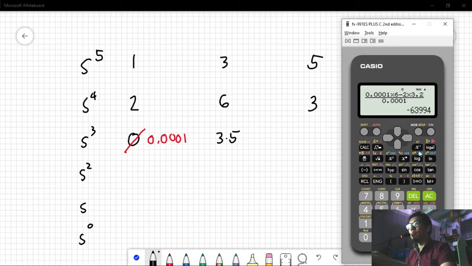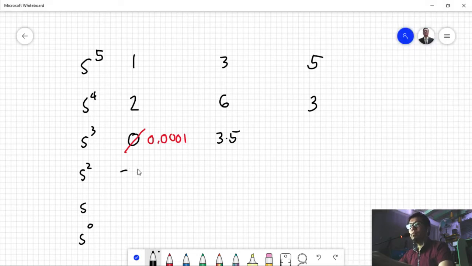So that should become negative 63,994. So yun yung lagay natin dito. So let us make this as negative 63,994. Okay, and then ito magiging 3 na to kasi ito i-bring down na lang natin to dito. Okay, again 0 kasi ito.